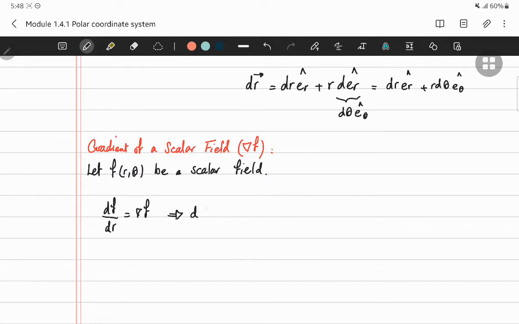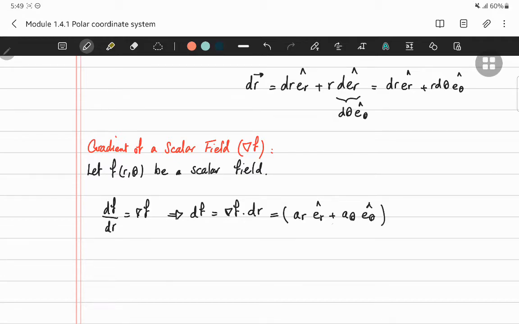We said it is the dot product of del f and dr. So let us assume that del f is a kind of vector, because we know that if we apply the gradient to a scalar field, it becomes a vector field. So it has, for example, a component like Ar. We assume it to be Ar er plus A theta e theta.